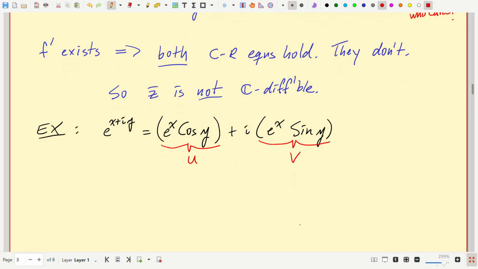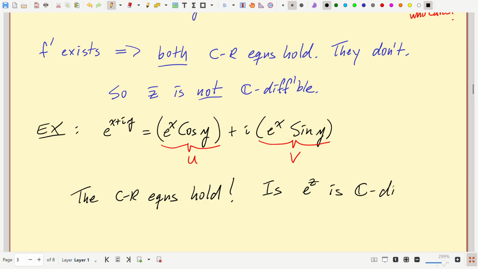And it's very simple to check that both Cauchy-Riemann equations hold. And so the big question: does that mean that e to the z is C differentiable? Well, the answer is going to be yes, of course.